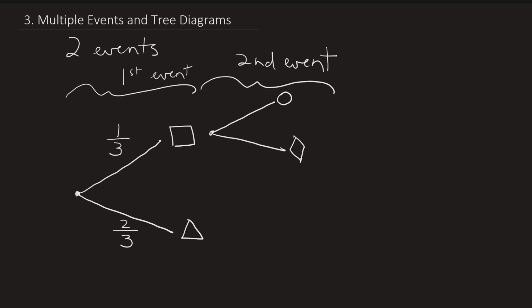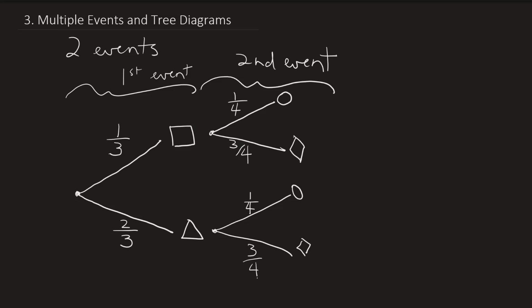If I get a triangle in the first event, I also have the chance of getting either a circle or a diamond in the second event. Again, let me put some probabilities. Let's put a quarter here and make this one 3/4. So the probability of getting a circle is a quarter. This is still a quarter here and 3/4.